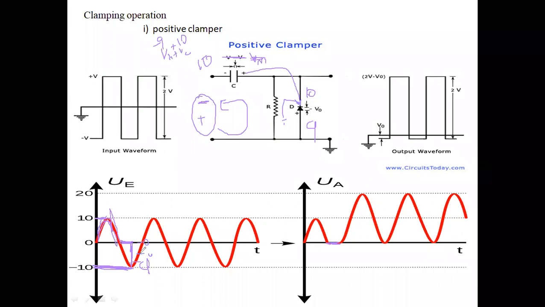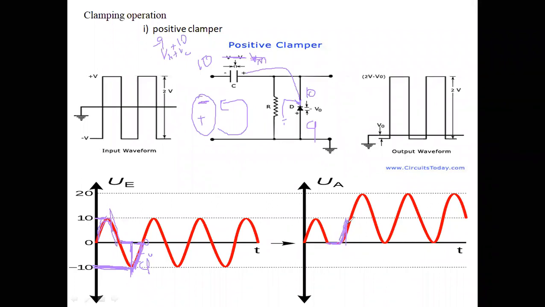Okay, and as my input signal goes to 0, that means 0 plus 10, output voltage is 10 volts. That means from here onwards the output voltage rises linearly. When the input voltage goes from minus Vm to 0, our output voltage goes from 0 to Vm.